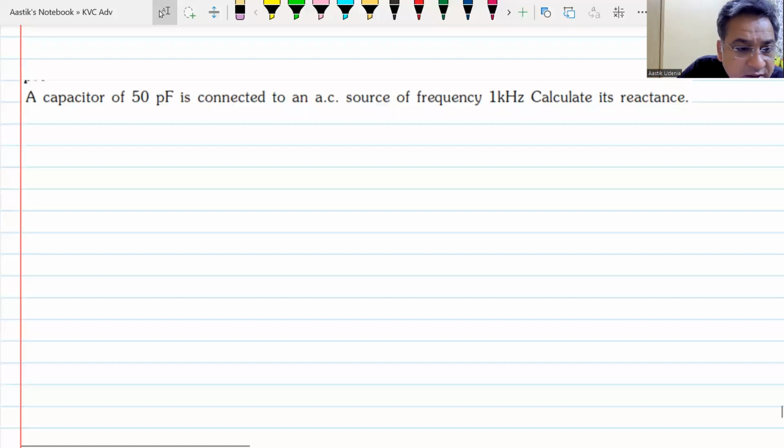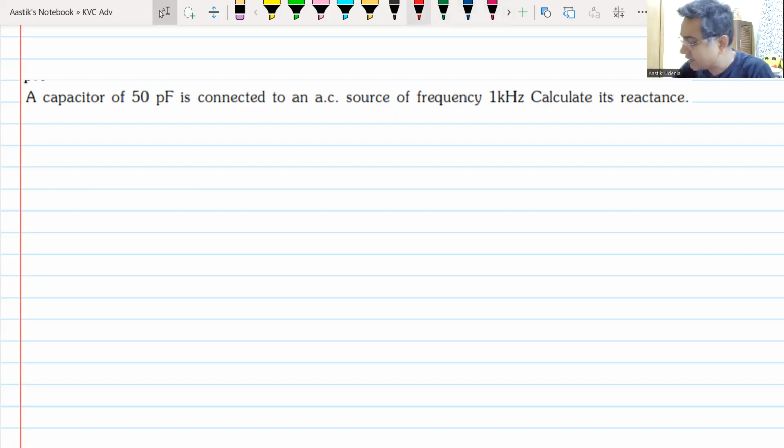This one. A capacitor of 50 picofarad, 10 raised to the power of minus 12, is connected to an AC source of frequency 1 kilohertz. Calculate its reactance. Yes, how much is the answer you got? X equal to 10 power 7 by pi, sir. That is correct. How are you going to get it?